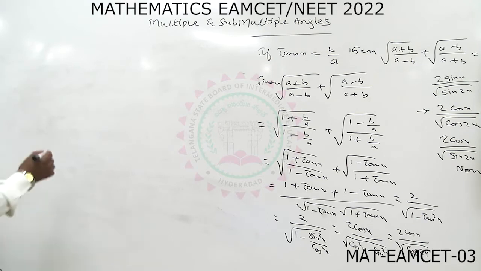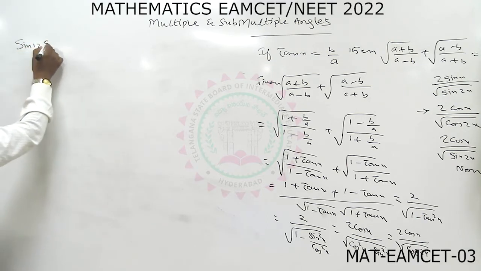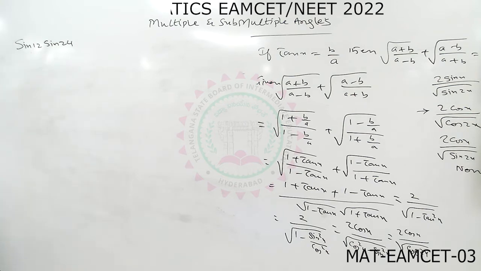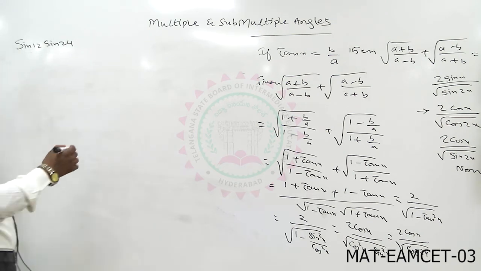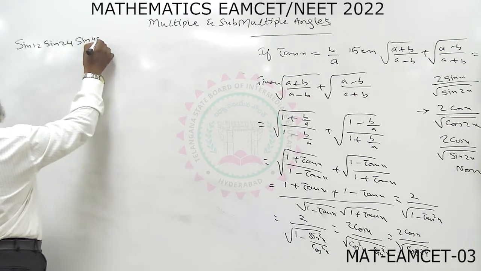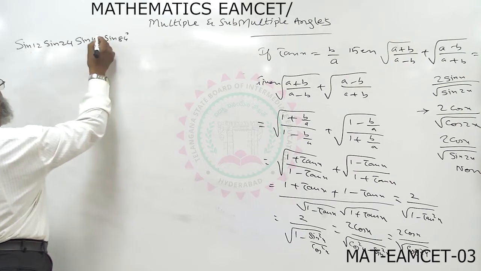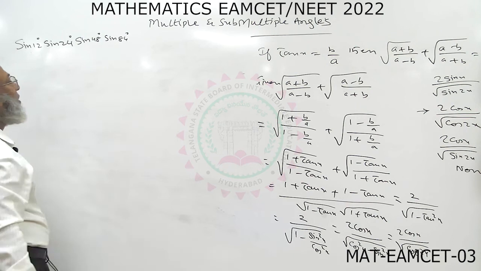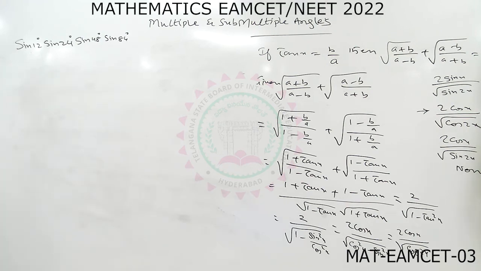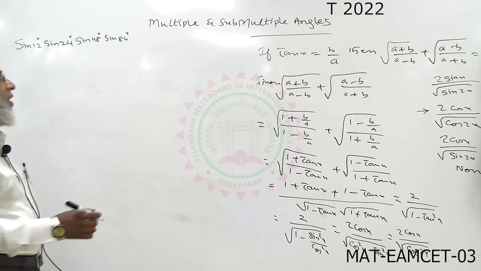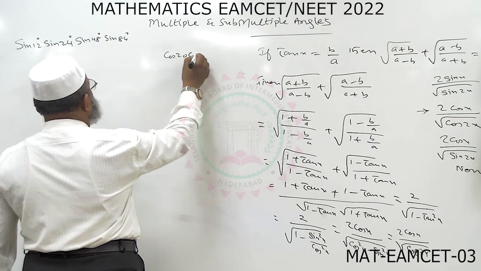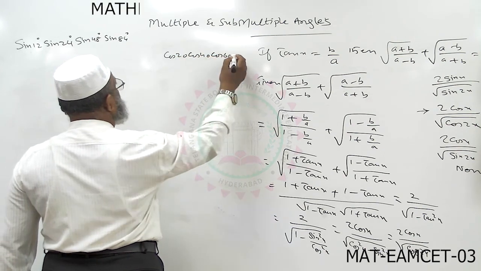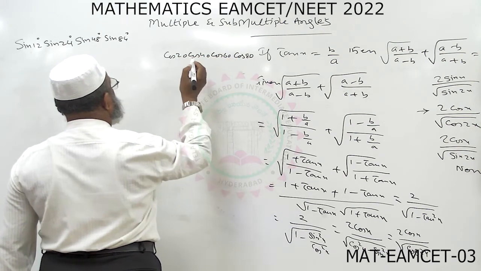Now next is sin 12, sin 24, sin 48, sin 84. All these degrees, if I have not written, it is understood, right? So sin 12, sin 24, sin 48, sin 84 is equal to, the options are: cos 20, cos 40, cos 60, cos 80, this is the first option.